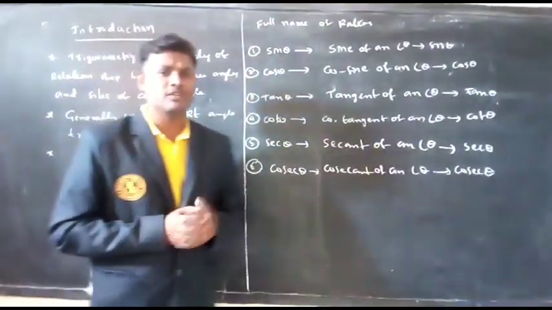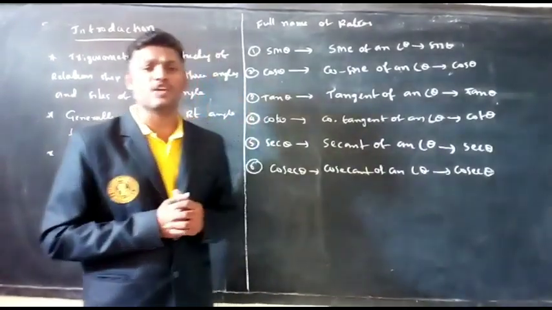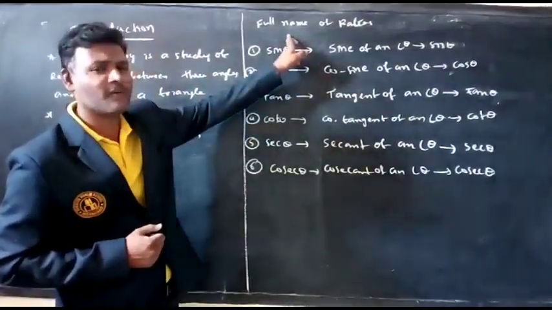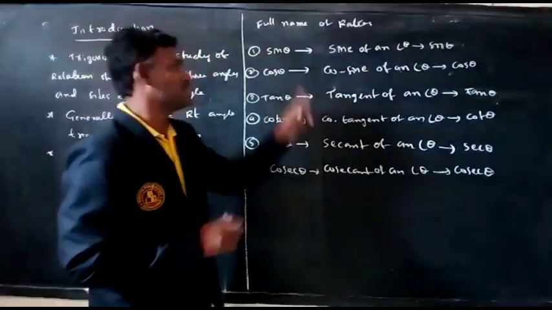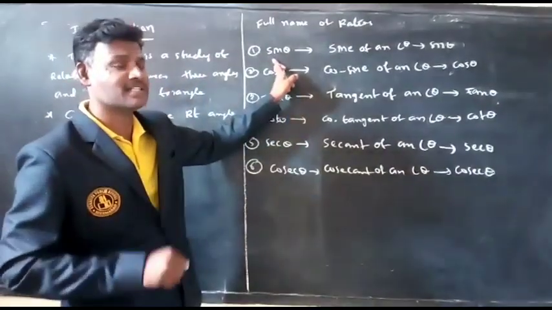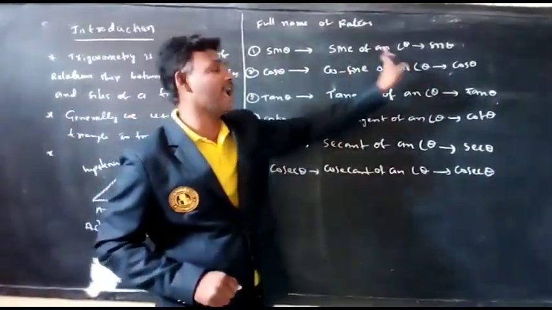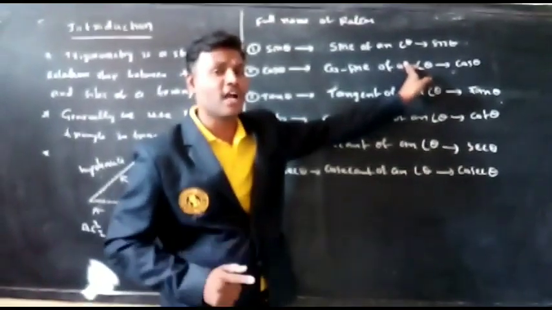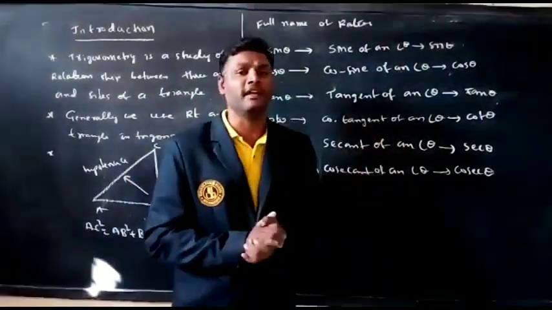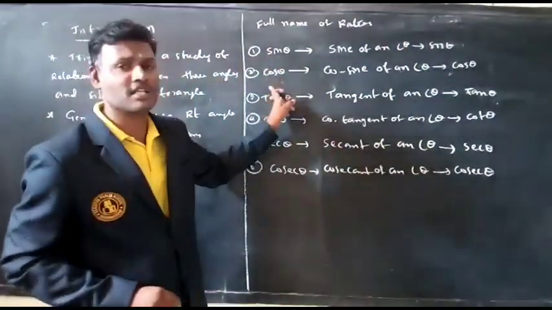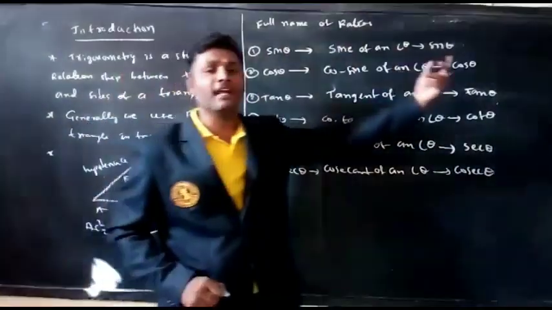Already we know there are 6 ratios in trigonometry. What are the full names of the ratios? Sin theta is the sine of an angle theta; in short form, we write sin theta. Next, cos theta, cosine of an angle theta.